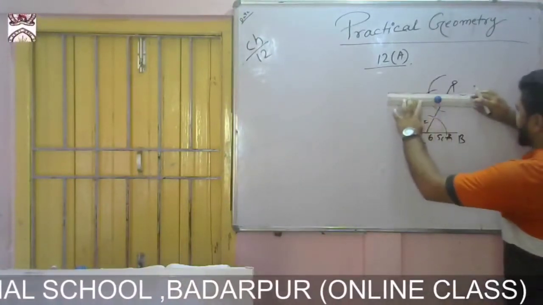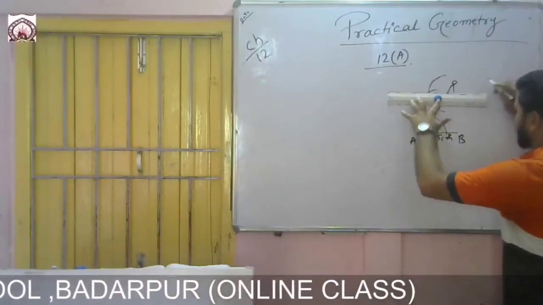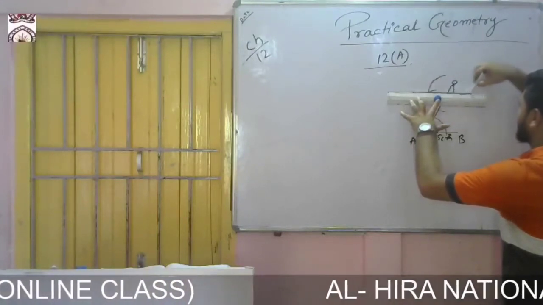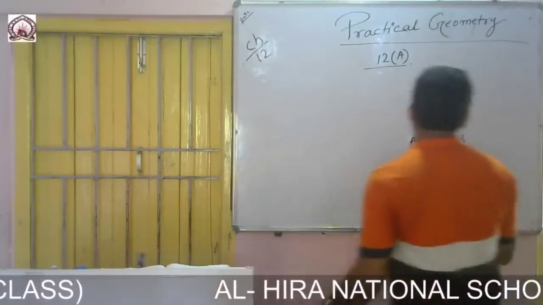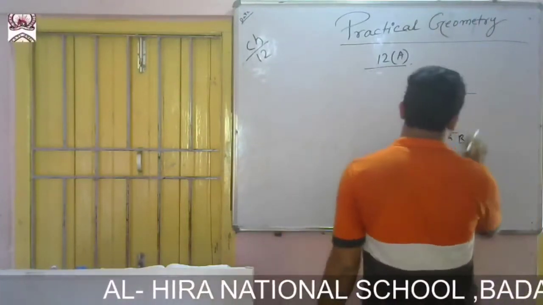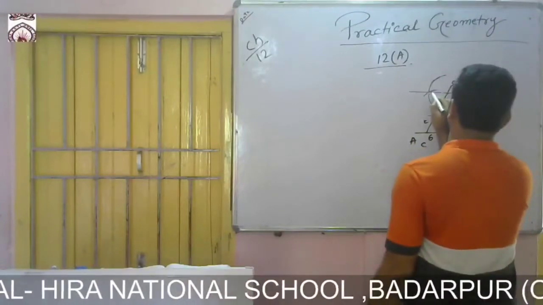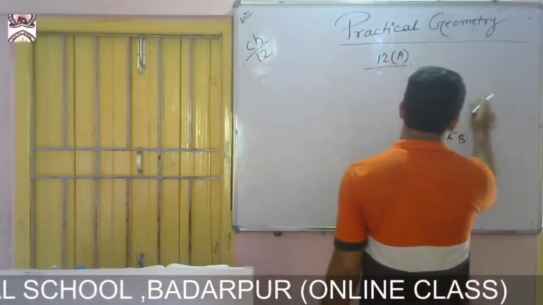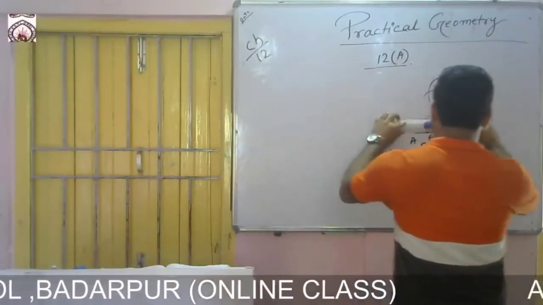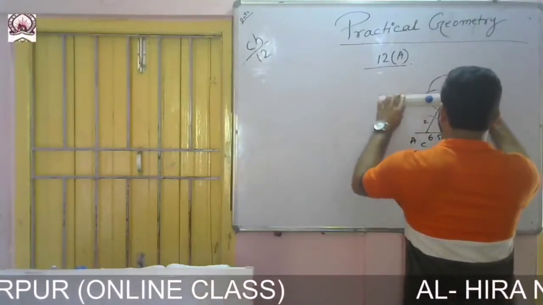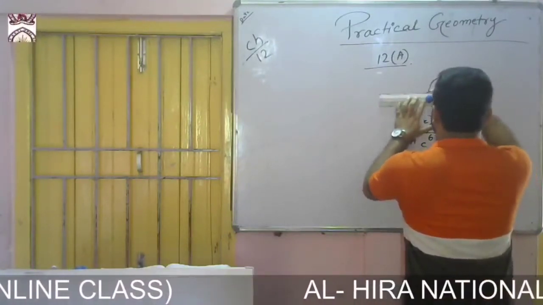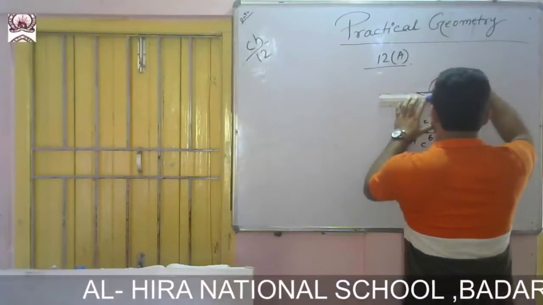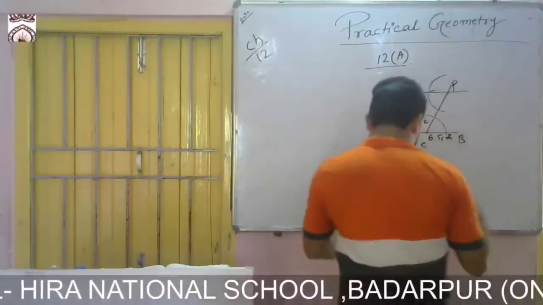Now join this line, you get the parallel lines. Now where the point of intersection is done, from this you join this line, you'll get the parallel lines.